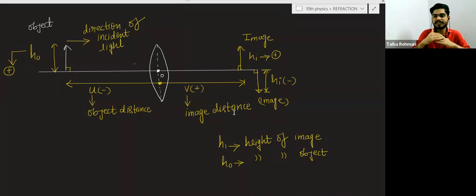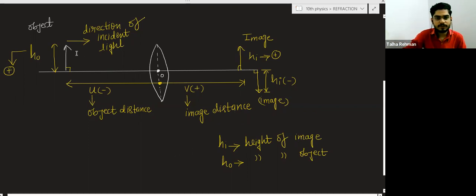If you are moving in the upward direction and also perpendicular to the principal axis, then you will take height of object or image as positive. If you are moving in the downward direction, then you will take it as negative. Just copy this. Then we will discuss what is lens formula.